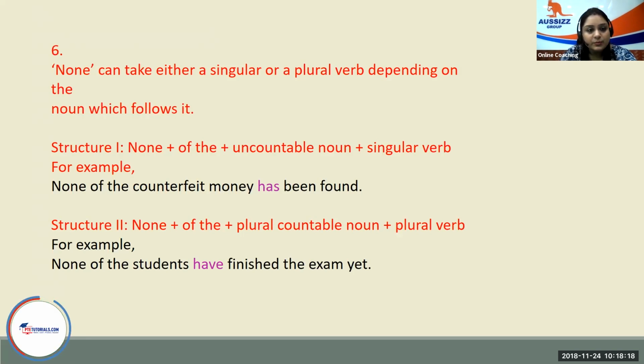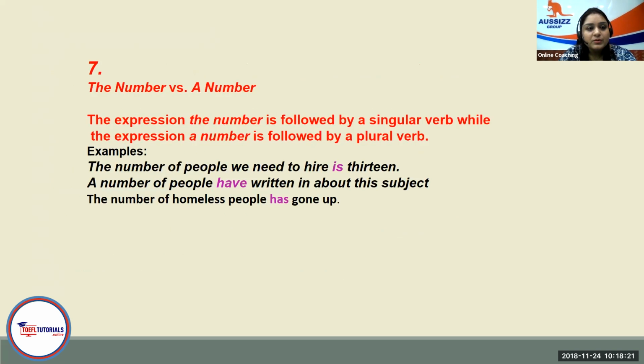Okay, next rule. Talking about rule number 7, the number versus a number. It's very important because you are utilizing it in your writing part when you're paraphrasing the structures. The expression, the number, is followed by a singular verb. Okay, please highlight it. The number takes singular verb, a number takes plural verb.